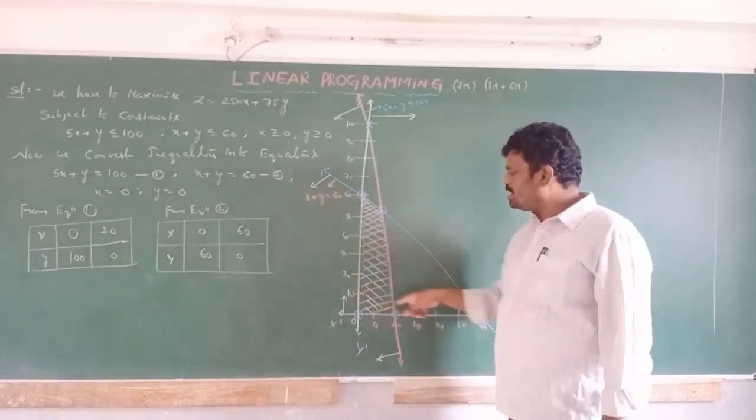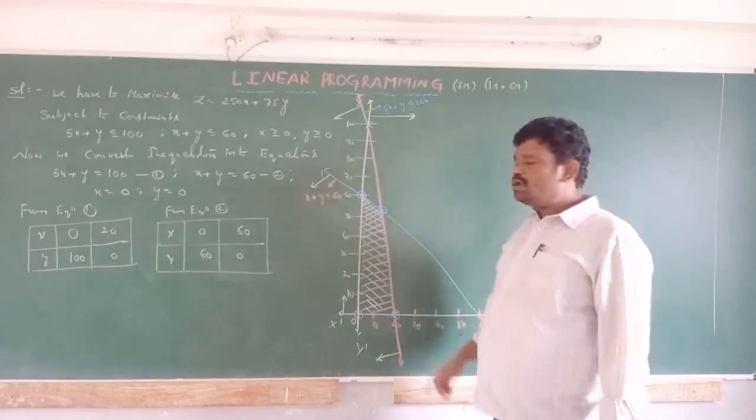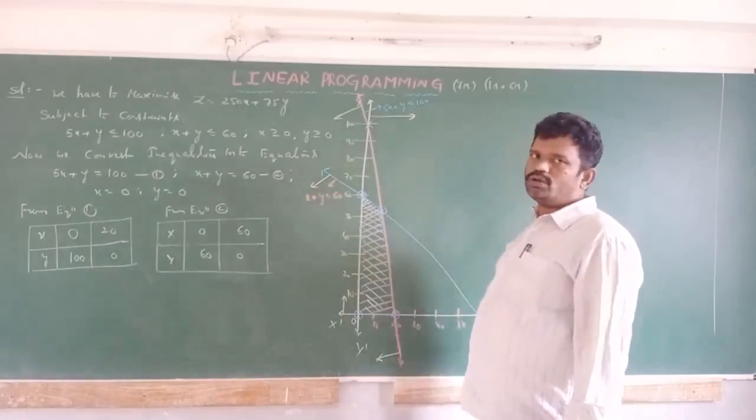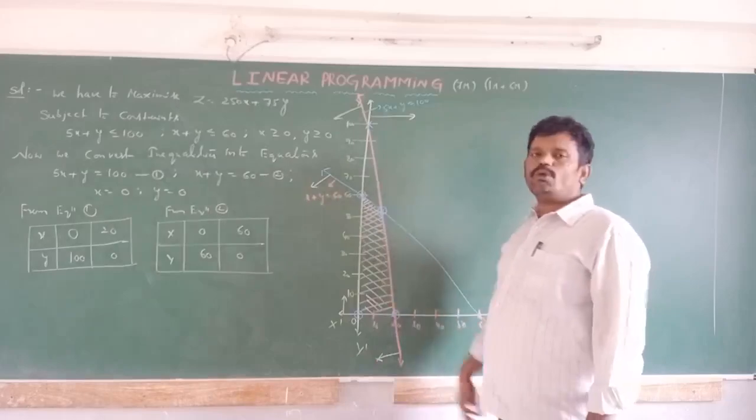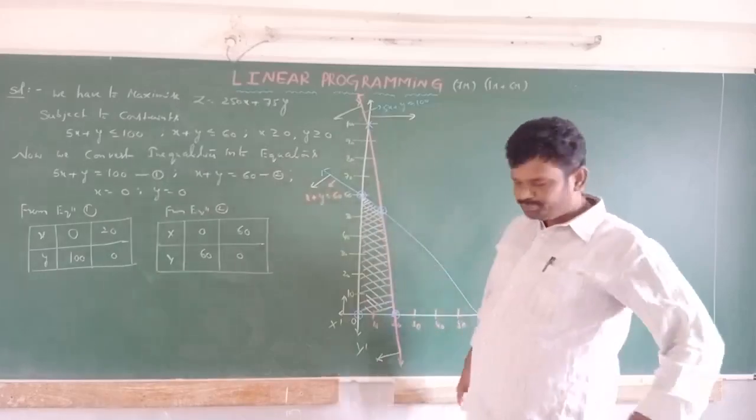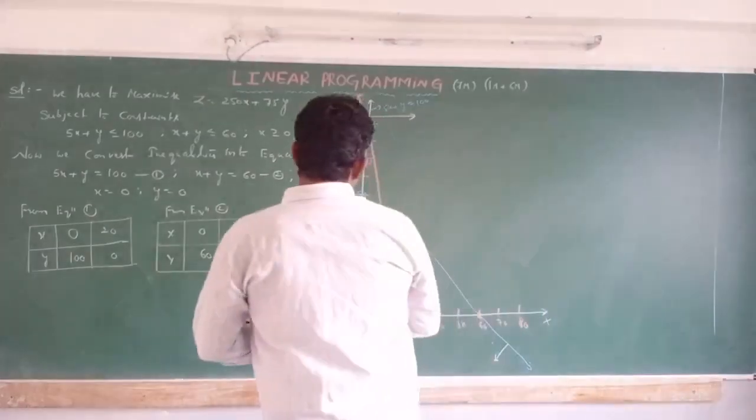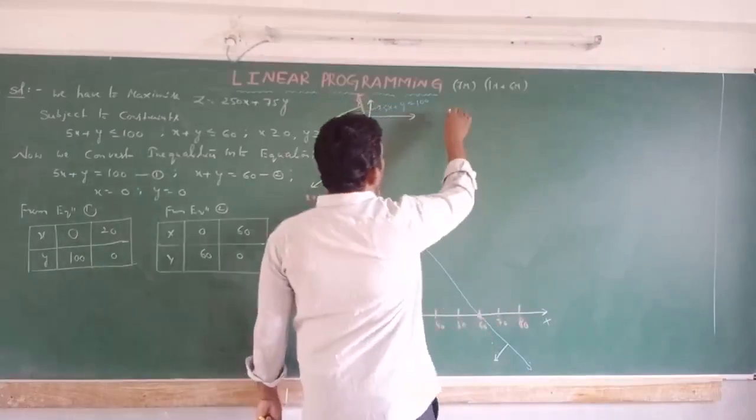Now these corner points are intersections of the bounding lines. Okay? Right. So from the graph, what can we see?